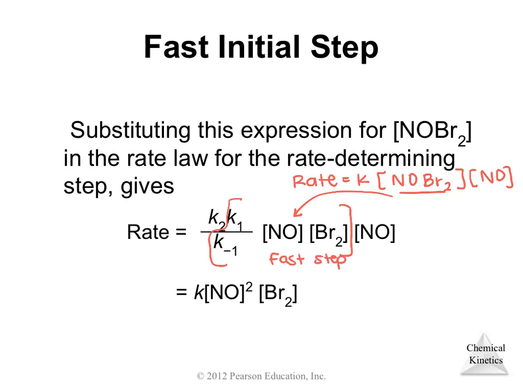And then when we simplify, our NOs can go together. So it's NO squared Br2, which is what our initial prediction was based off of the data.